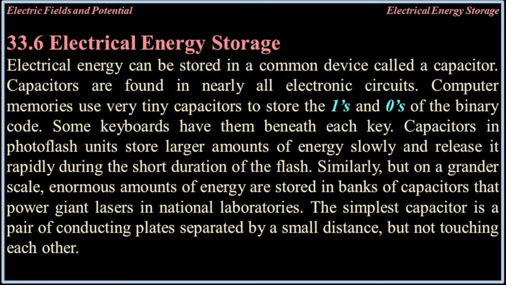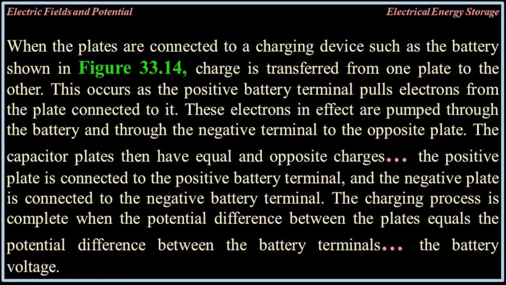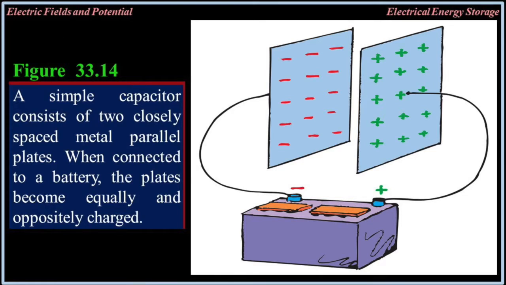The simplest capacitor is a pair of conducting plates separated by a small distance, but not touching each other. When the plates are connected to a charging device, such as a battery shown in Figure 33.14, charge is transferred from one plate to the other. This occurs as the positive battery terminal pulls electrons from the plate connecting to it.